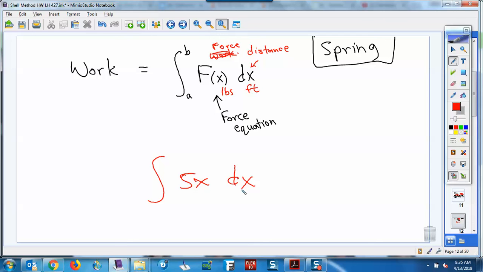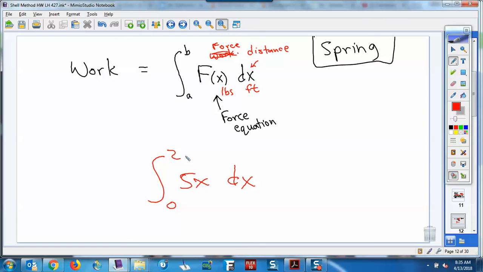At its natural length of 3, we call that 0, because we've stretched it 0 at that point. At its natural length, there's been no stretch or compression, so that is 0. So if we go from 3 to 5, what we've done is a 0 stretch to a 2 stretch. So it's 0 to 2. Now, it's possible that they may give you a problem where the natural length is 3, and they say stretching it from 4 feet to 5 feet takes this amount of work, or something like that.